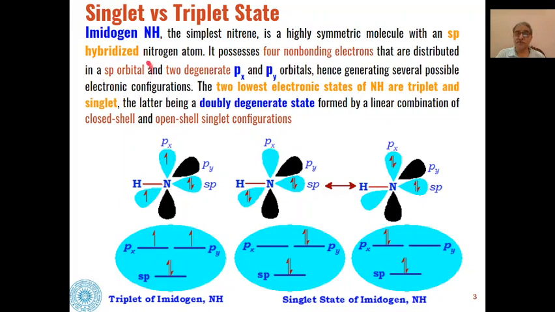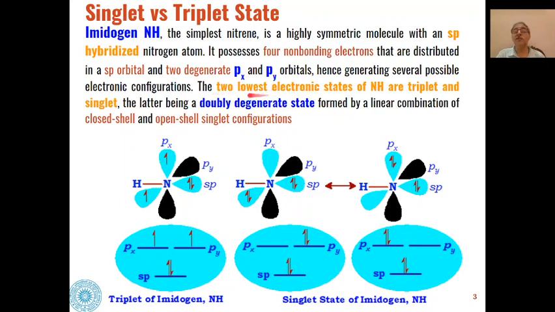A pair of electrons is present in the sp orbital, and 2 electrons are present in 2 degenerate orbitals, either px or py. So because of this, there is a possibility of several types of electronic configuration for this combination of 4 non-bonded electrons.